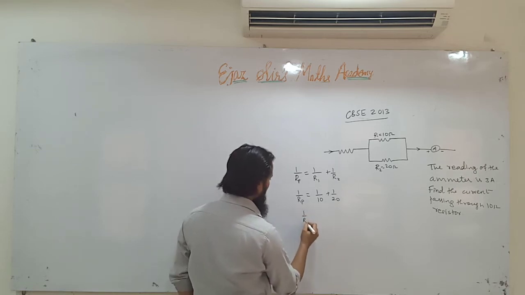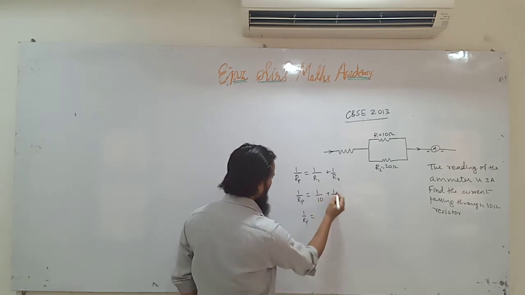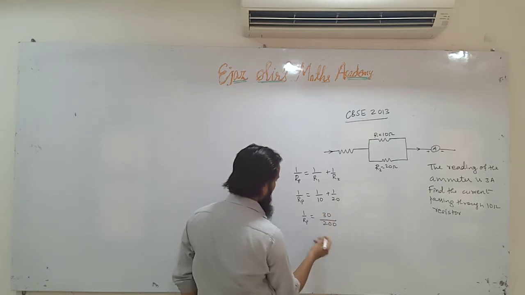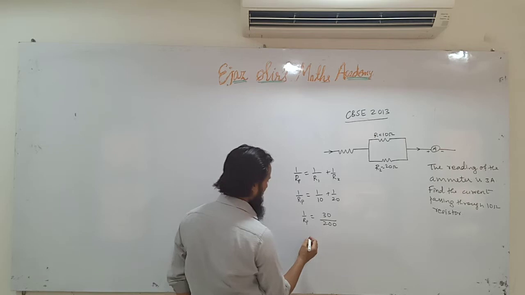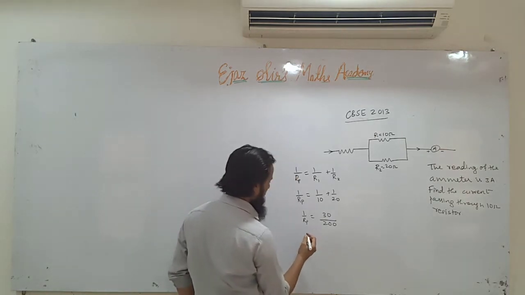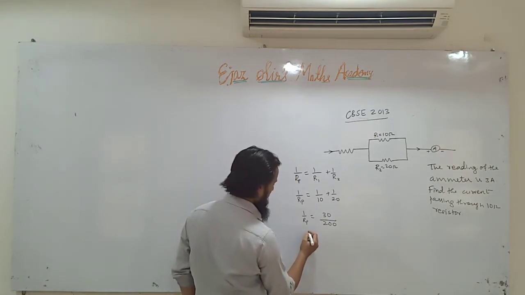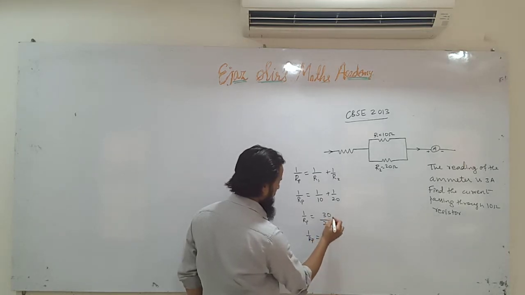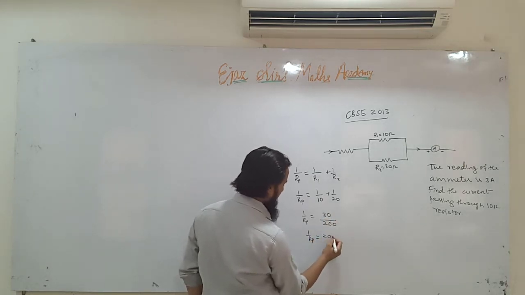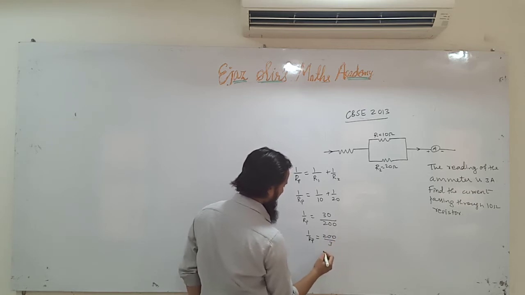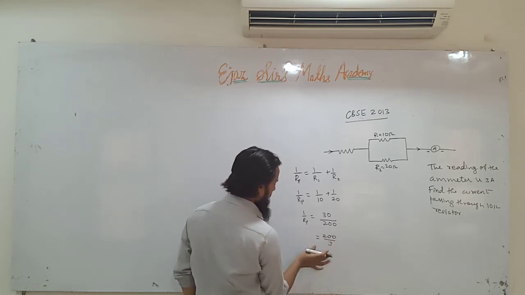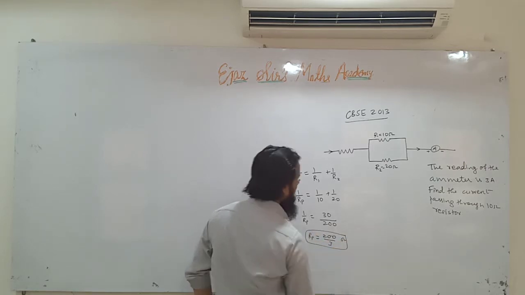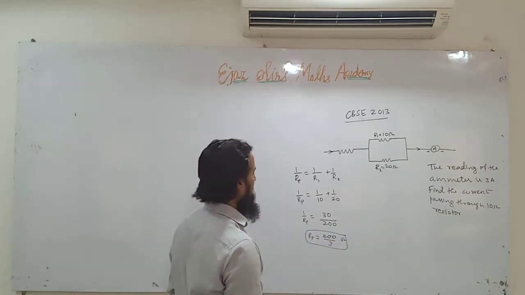Rp will be 200 by 30, sorry, Rp will be 200 by 3 ohms. This is the parallel combination.